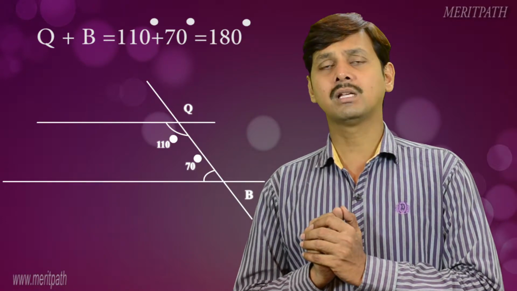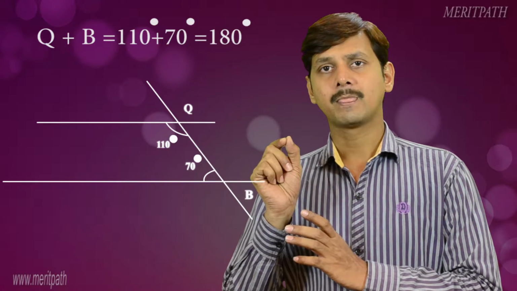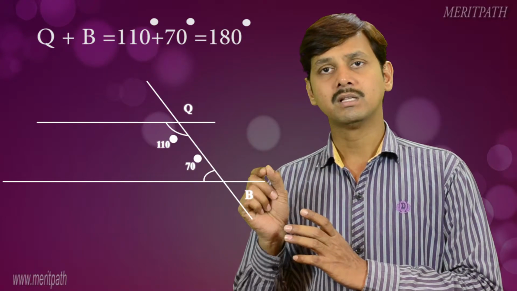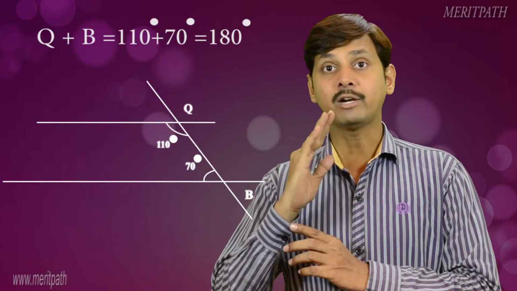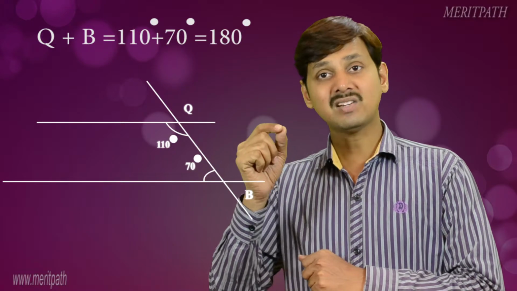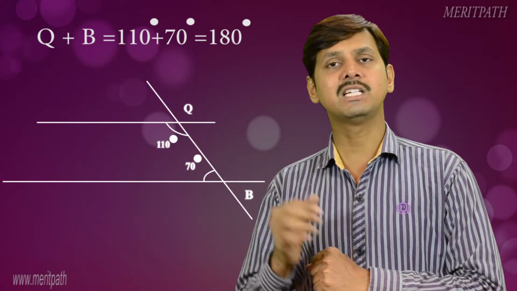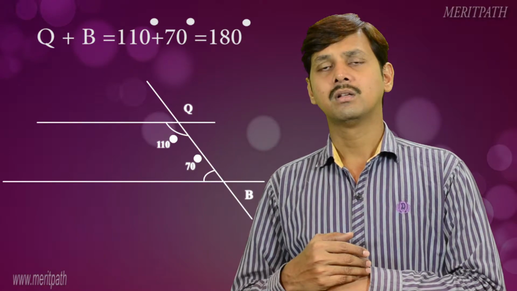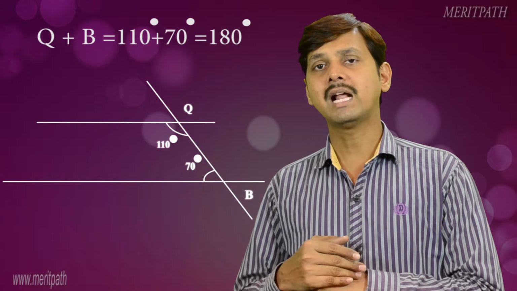In this transversal we have 2 angles at Q and B. These are interior angles on the same side of the transversal. One angle is 110 and the next angle is 70 degrees. So the 2 lines are intersected by another line, a transversal.